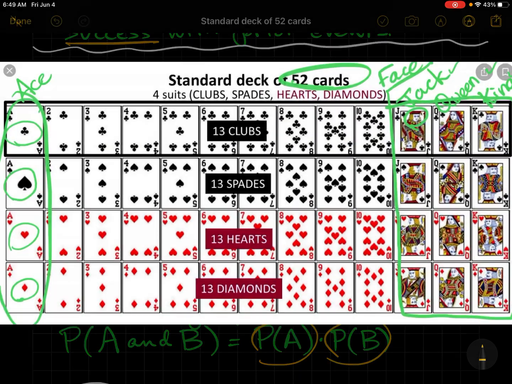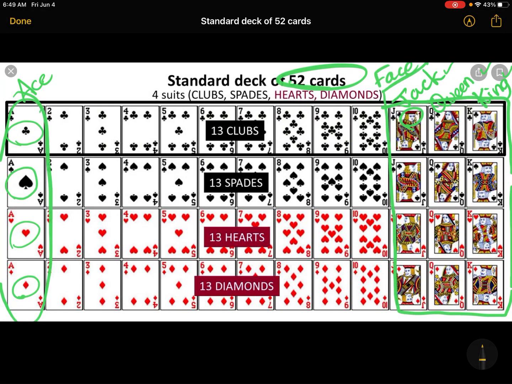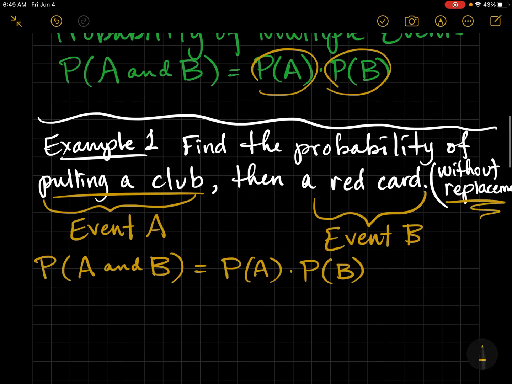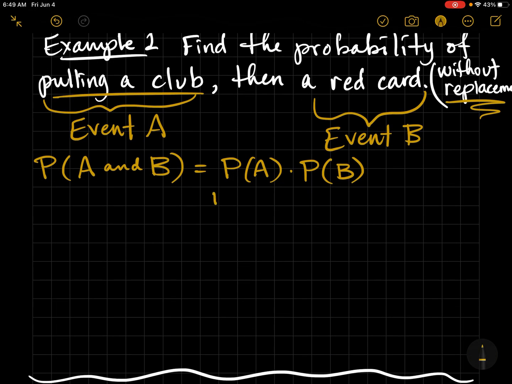So the probability of A pulling a club, 13 out of the 52 cards are clubs. Or we could say 1/4 if we reduce, and the probability of pulling a red card.